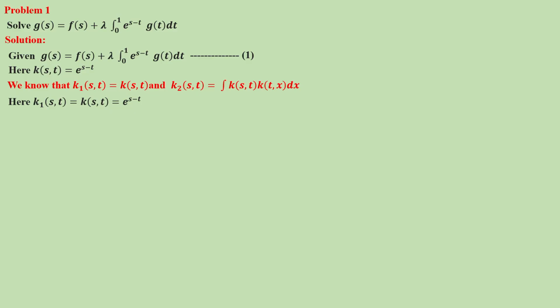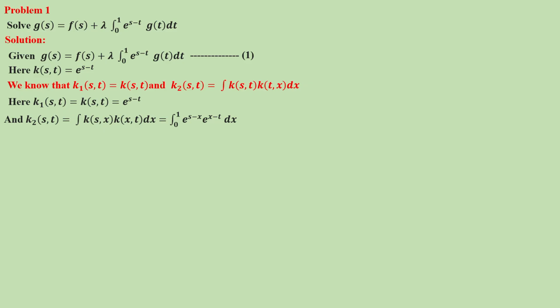That is the method. So that is why we are taking K₁(s,t), K₂(s,t). K₁(s,t) is K(s,t), that is equal to e^(s−t). K₂(s,t) = ∫₀¹ K(s,x) K(x,t) dx.